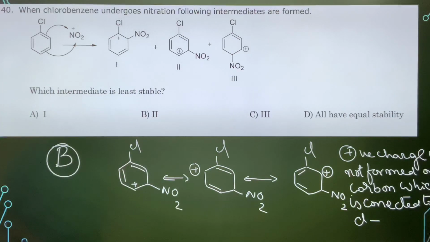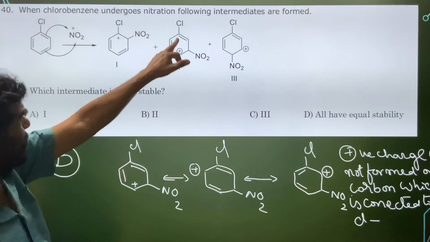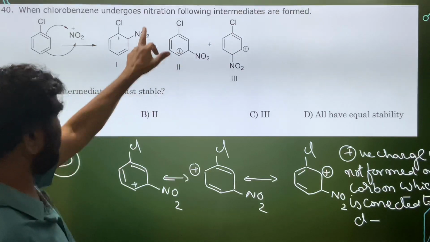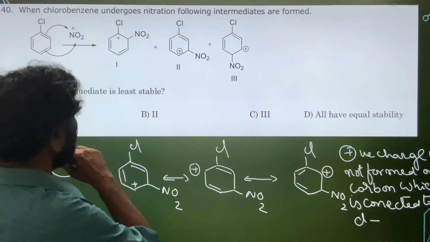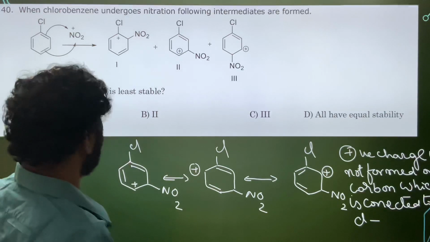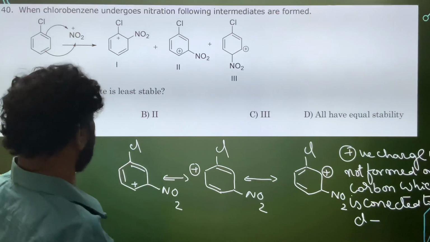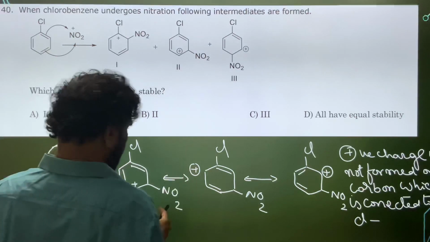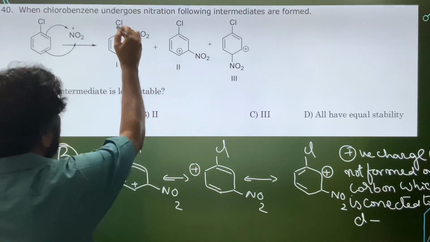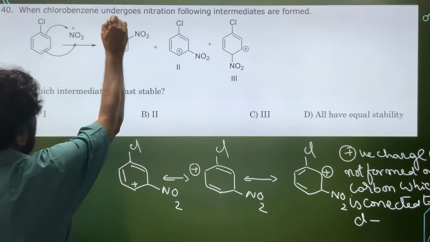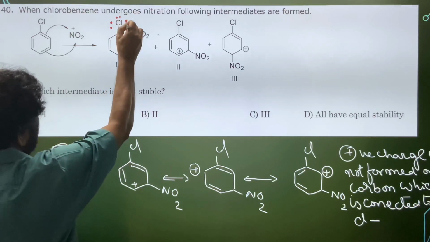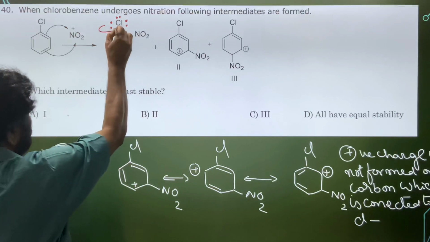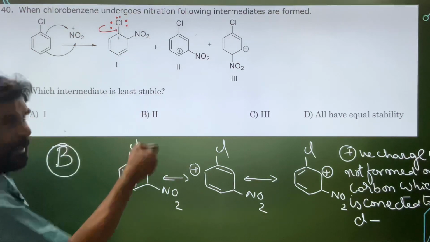Next one, here 2 is relatively the least stable, because in this case the lone pair present on the chlorine, ring delocalization, is present anyhow. This involves back bonding with the chlorine.